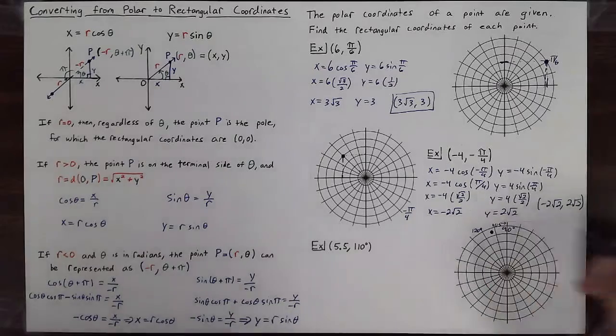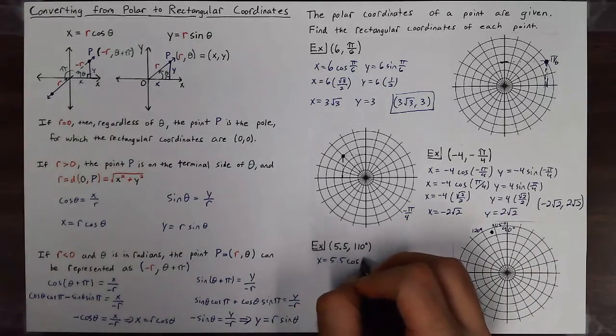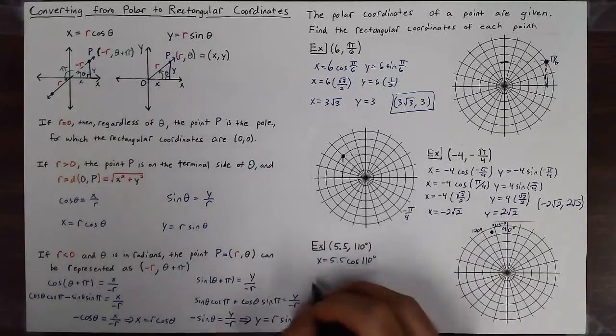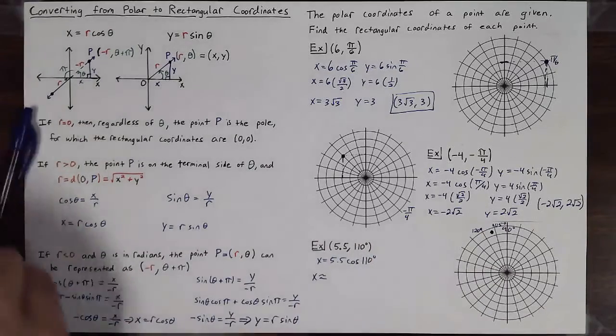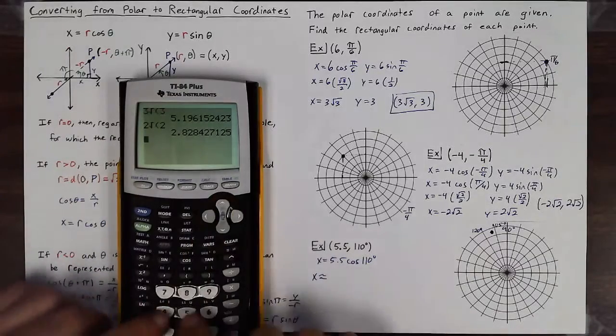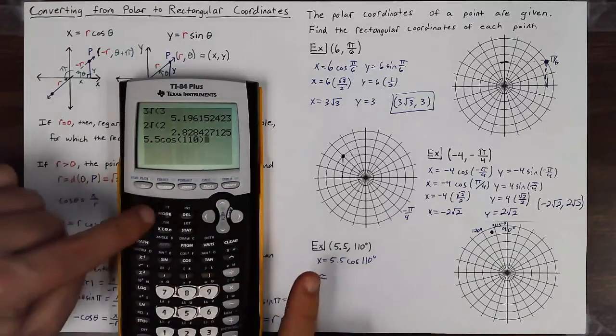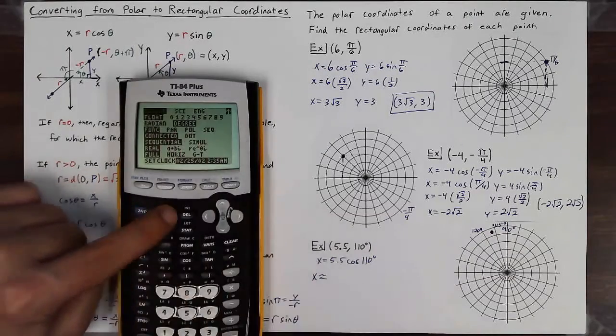And the x-coordinate would be 5.5 times cosine of 110 degrees, which 110 is not a unit circle value, so I don't know its exact value, but I can just type in 5.5 cosine of 110, making sure your calculator is in degree mode before you hit enter.